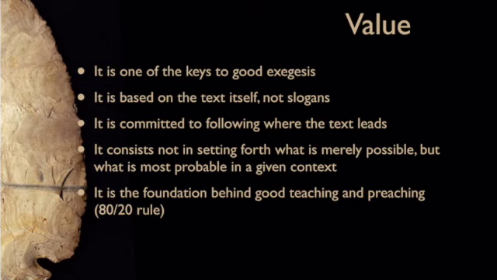And we have here the 80-20 rule. And the 80-20 rule is basically 80% of what you study is going to end up being about 20% of what you teach or preach. And it might actually be 90-10 or 95-5, depending on how much work you put into a sermon or a lesson. But the point is, even though the people in the audience are getting 20% of what you've prepared, you're sure of what you're giving them.